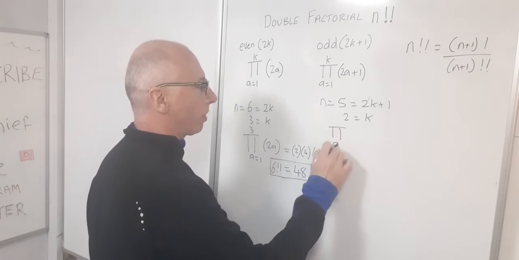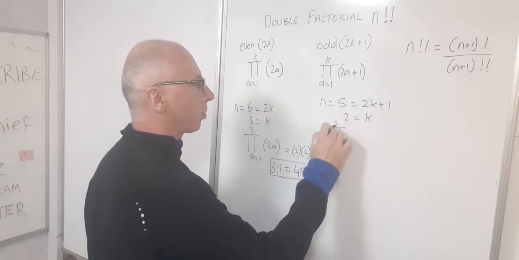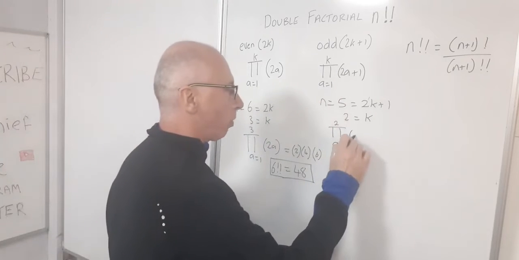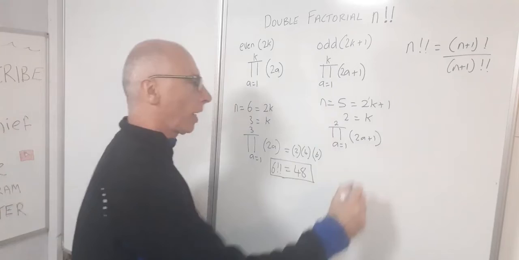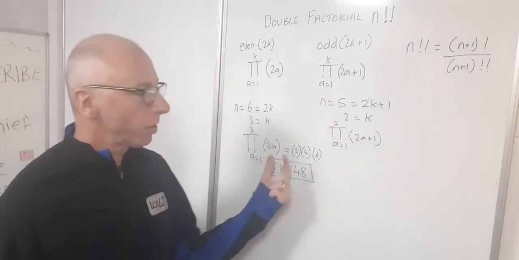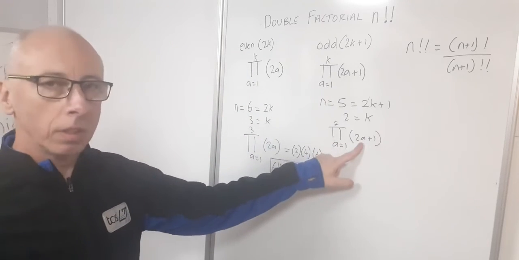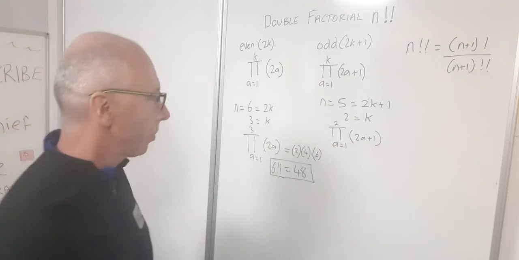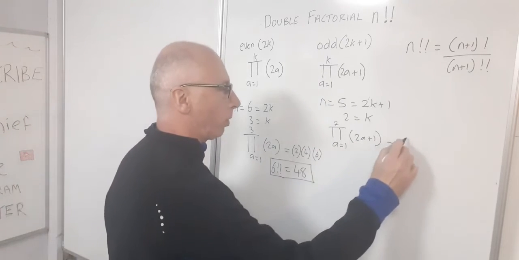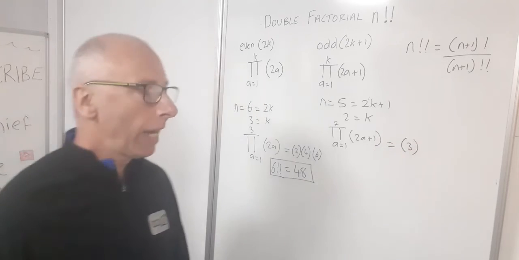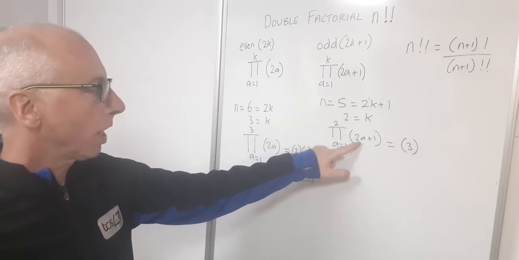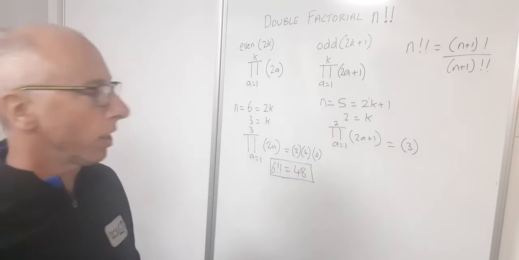The product is from a equals 1 to k, which is just 2, and our 2a plus 1 is what our input is. So if a is 1, our first one for the product would be 2 times 1 is 2, plus 1, that's 3. And then our last one would be for 2: 2 times 2 is 4, plus 1, that's going to give us 5.